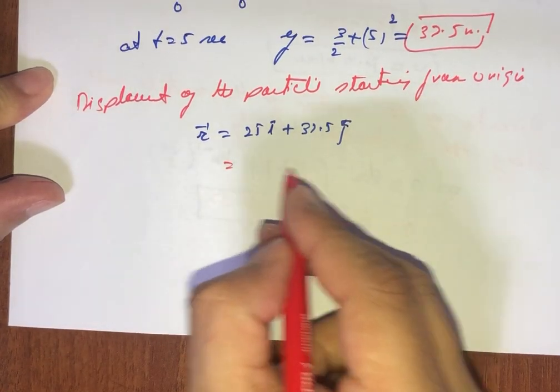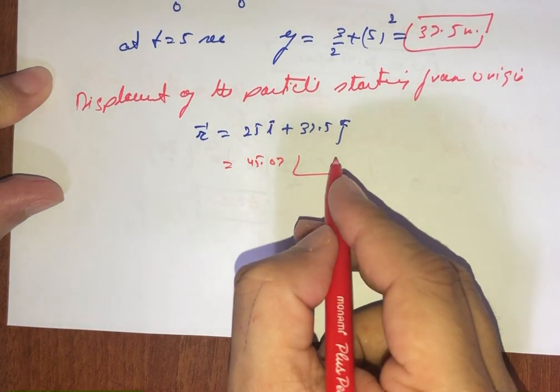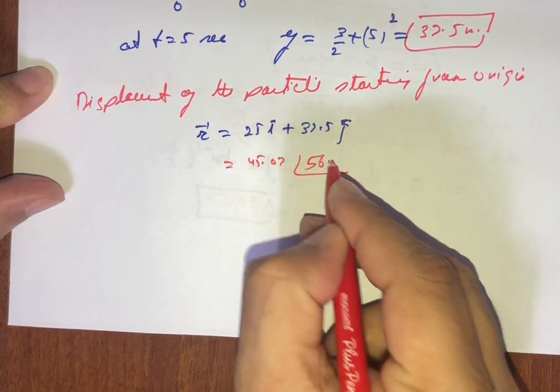This will be coming as 45.07 at an angle of 56.31.